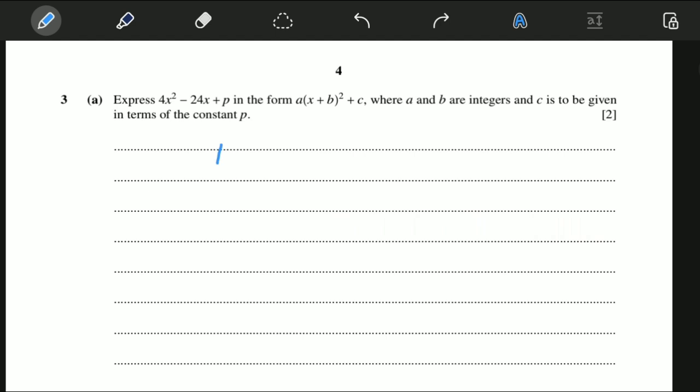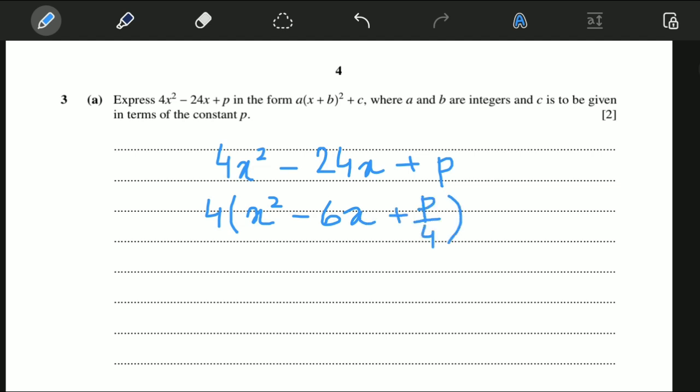First, how do we change an equation into a completed square form? In the first step, we take out the constant that is being multiplied with the x square. So we are going to take that common: 4 times x square minus 6x plus p by 4. Okay, next what are we supposed to do?